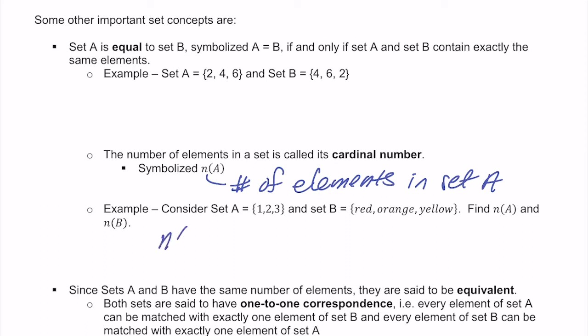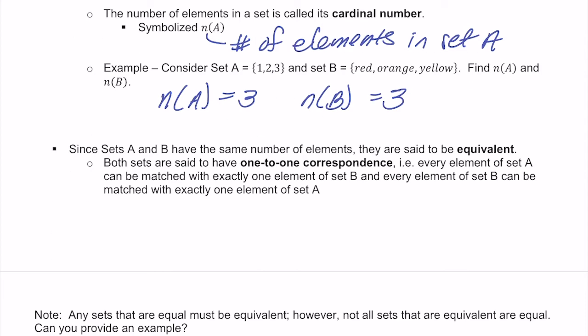So there are 3 elements in set A. So n of A is 3. So the cardinality of set A is 3. And in set B, we've got the colors red, orange, and yellow. There's 3 of them. So the cardinality, or the number of elements in set B, is also 3.